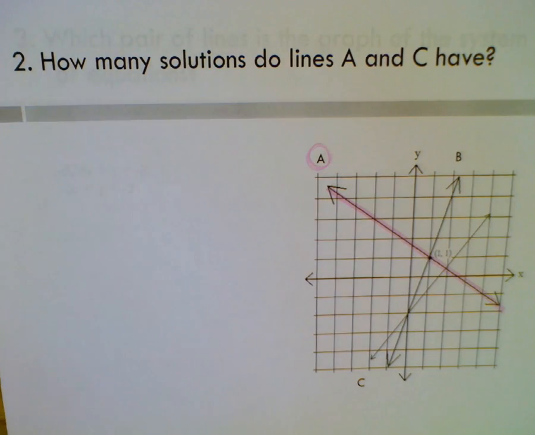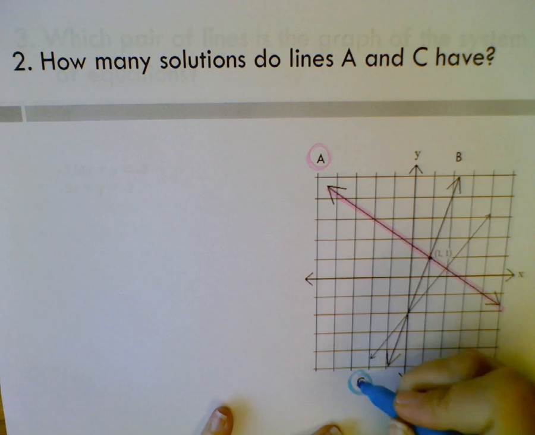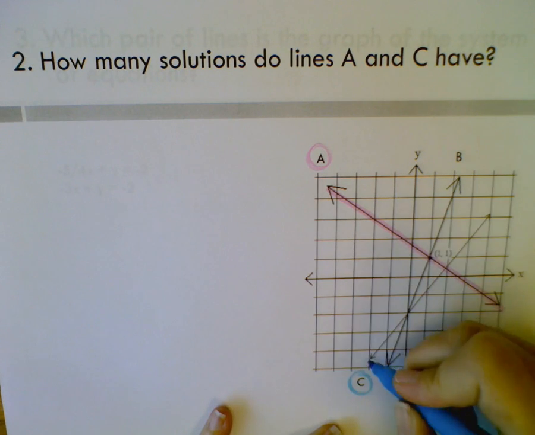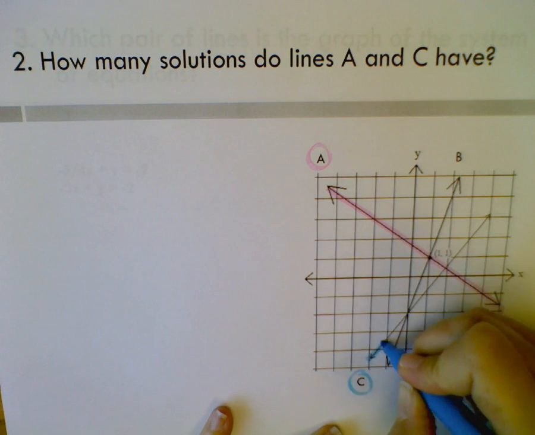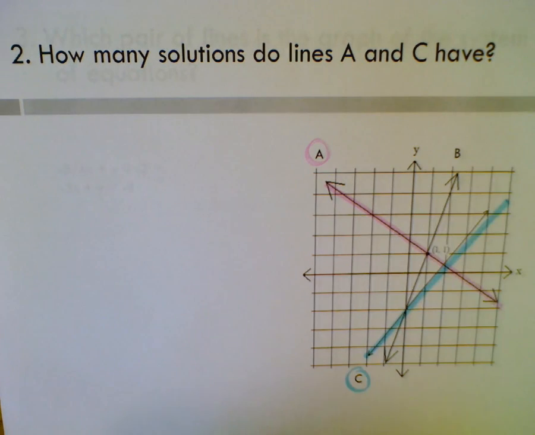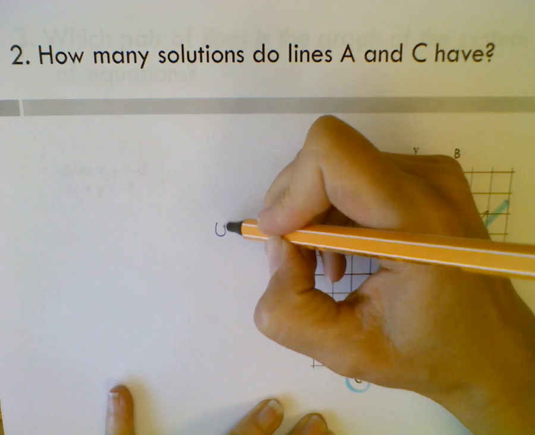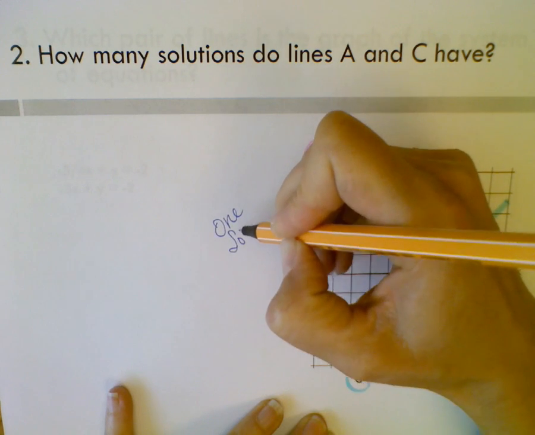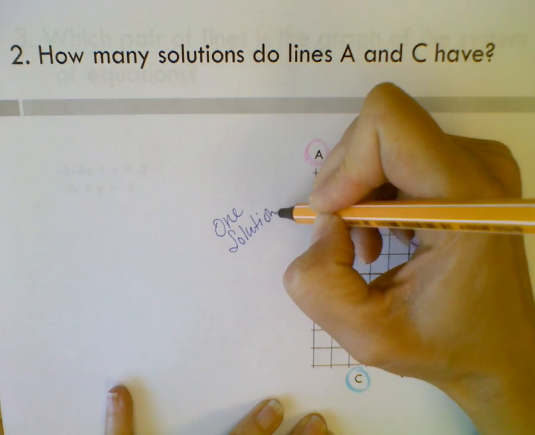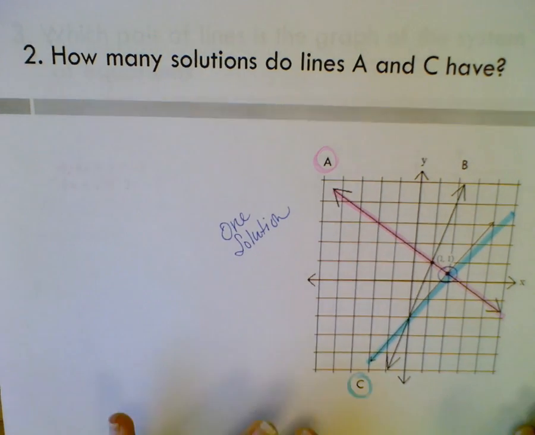Line C is this line right here. So when I look at just those lines, A and C, I see that there is one point of intersection, so there is one solution.